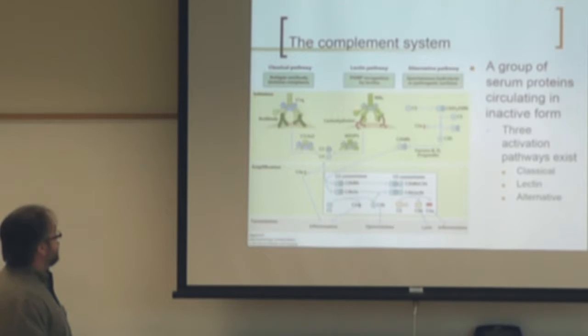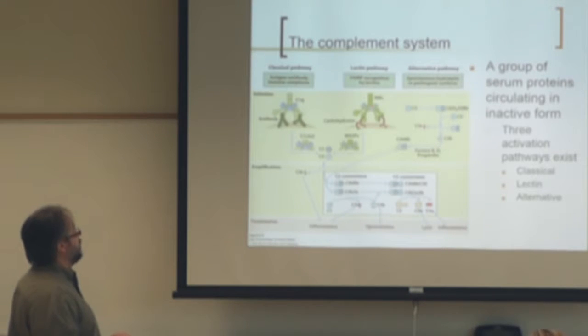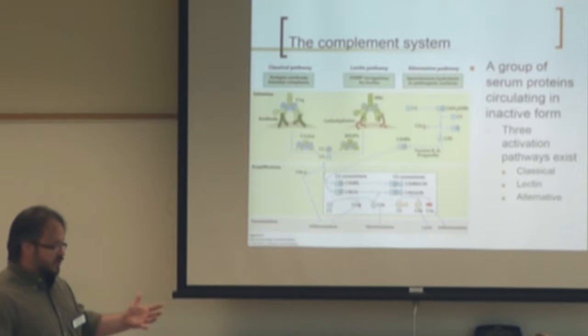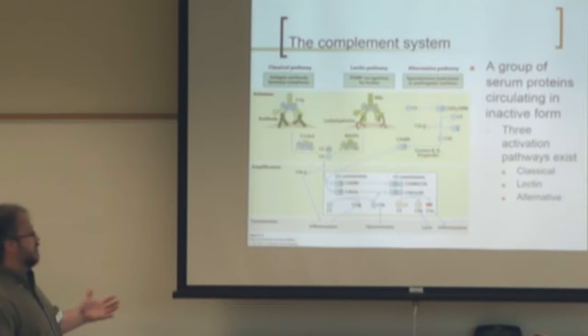So these two pathways, the classical pathway and lectin pathway. So a lectin pathway is now where the actual mannose binding lectin comes in. So mannose is a sugar that is on bacteria. It's a common sugar on the surface of bacteria. We don't have mannose on our cells, so that's a good target.